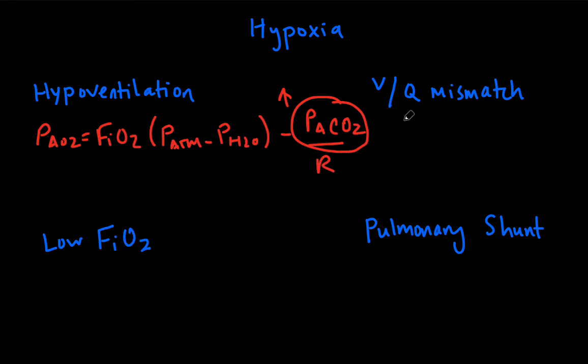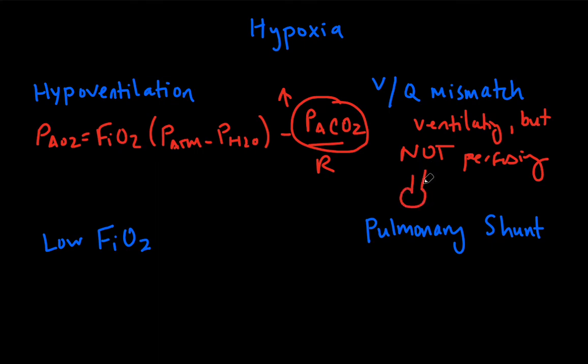Next on the list is VQ mismatch. VQ mismatch is a situation where you are ventilating but not perfusing. So this means that you're able to get air into the airway. So if this is an alveolus, you are able to get air in here.